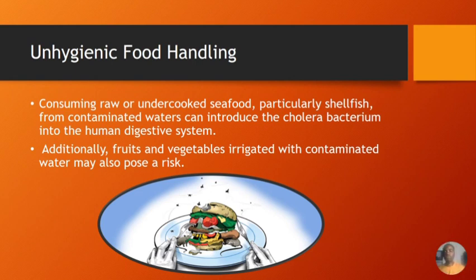Additionally, we have to look at fruit and vegetables irrigated with contaminated water, which may also pose a risk, because they are already contaminated with the waste which causes cholera. You are now eating food that has been irrigated with contaminated water, and that poses a risk of cholera infection, because the bacterium enters your digestive system.